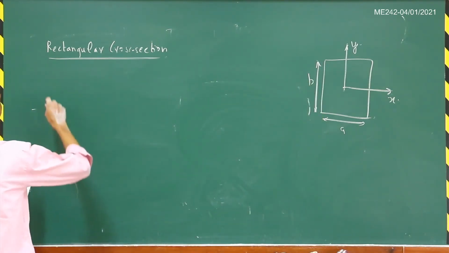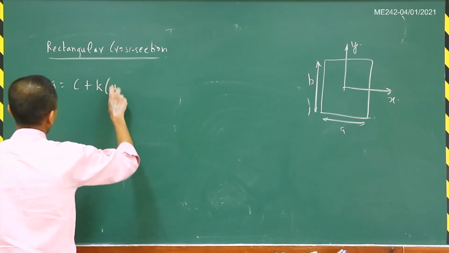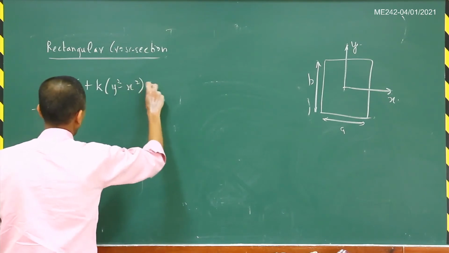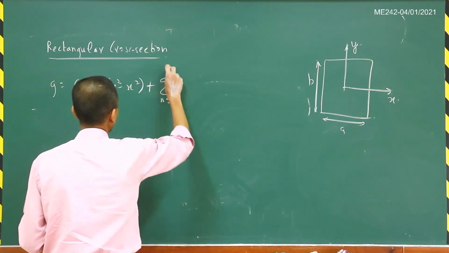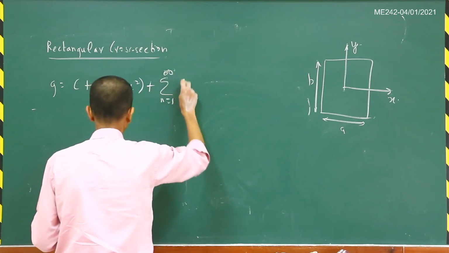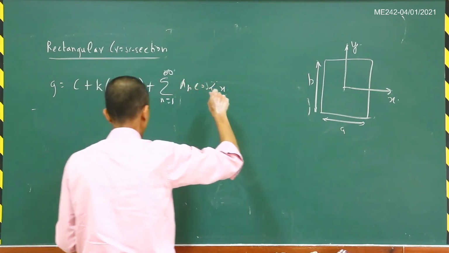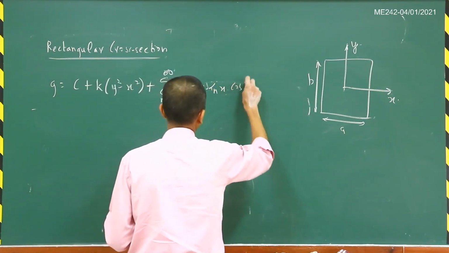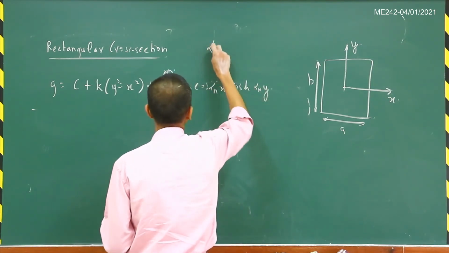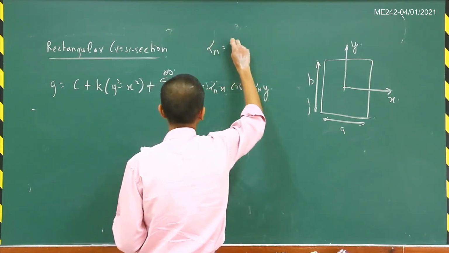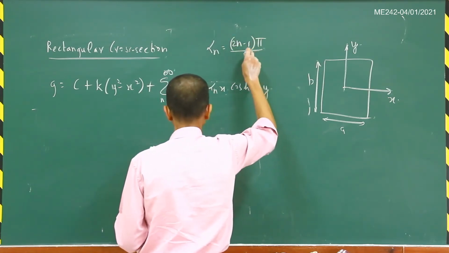So we will write now g as equal to c plus k times y square minus x square plus summation of n equal to 1 to infinity of a n cos alpha n x times cosine hyperbolic of alpha n y, where alpha n is equal to 2n minus 1 times pi divided by 2a.